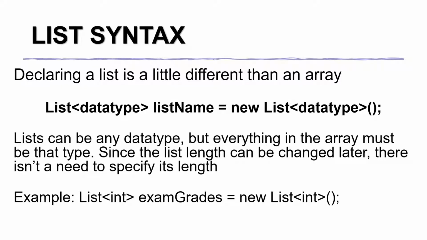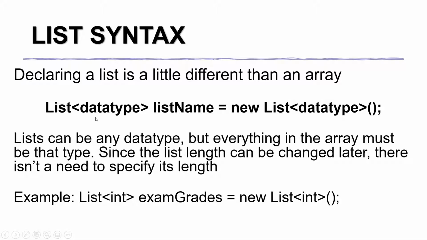So the syntax for a list is a little bit different. It's close, but it's a little bit different. The big difference is that we have to write the word List with a capital L, and then we use the triangle brackets to put the data type in.